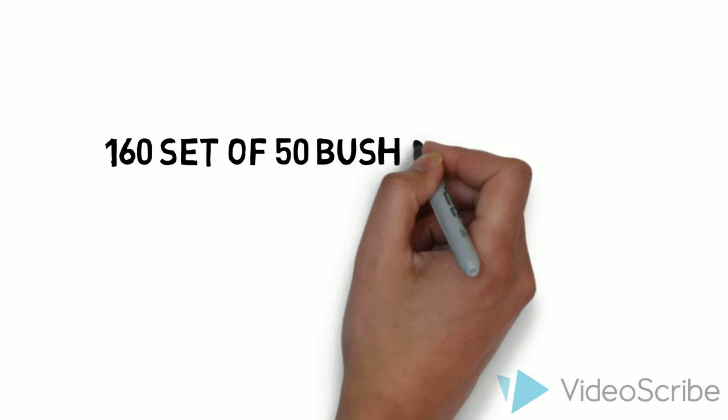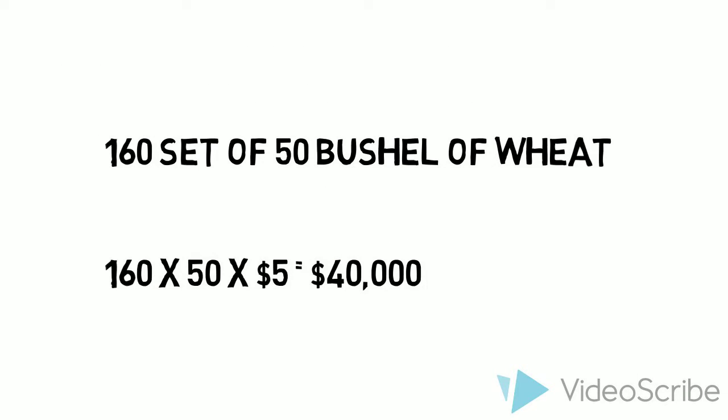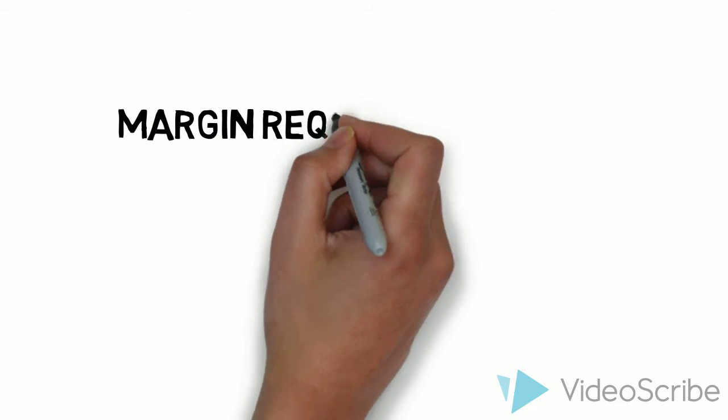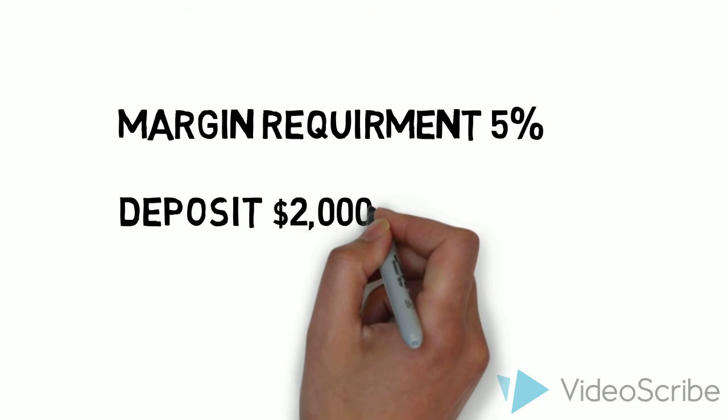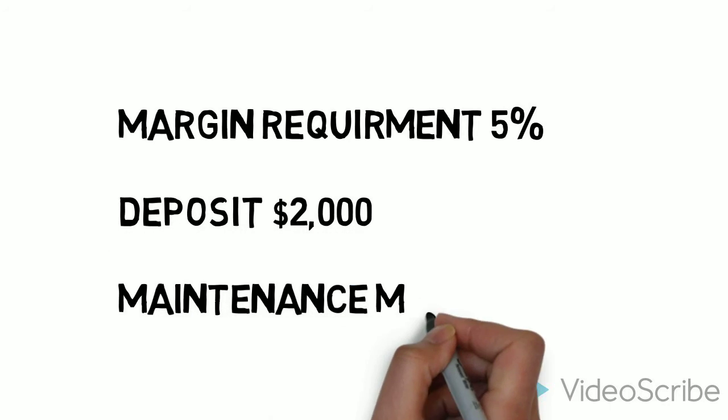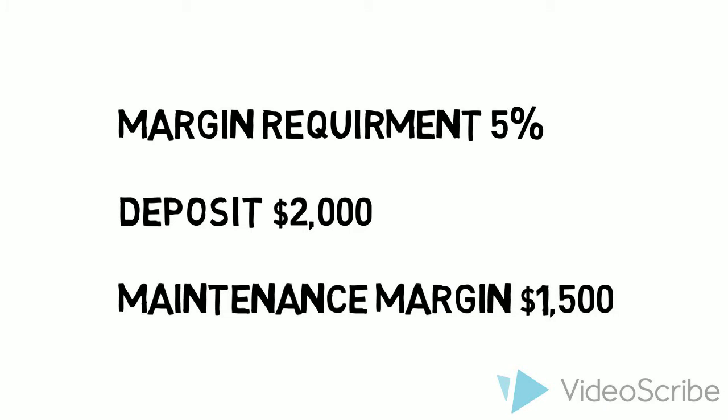In this case, Professor Jassim decides to buy 160 sacks of 50 bushels of wheat for a total of $40,000. If his margin requirement is 5%, he only needs to deposit $2,000 into his margin account. The maintenance margin is set at $1,500.